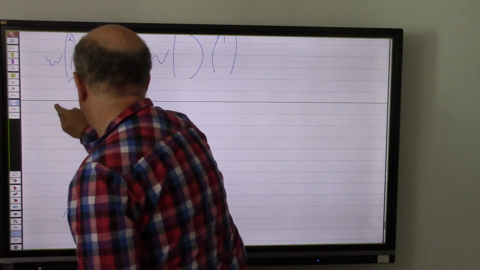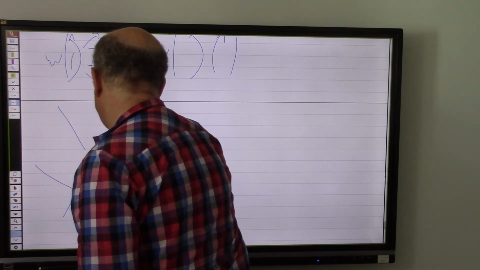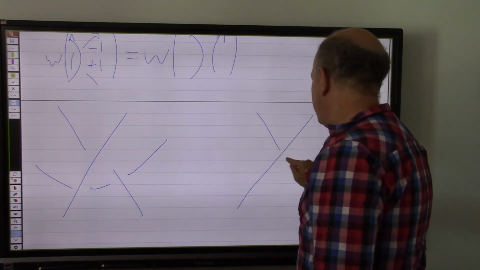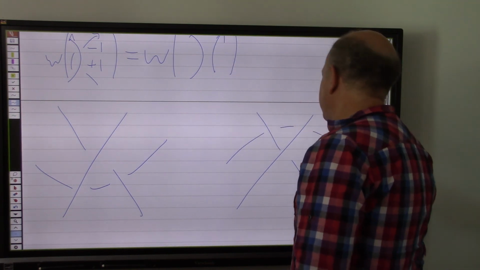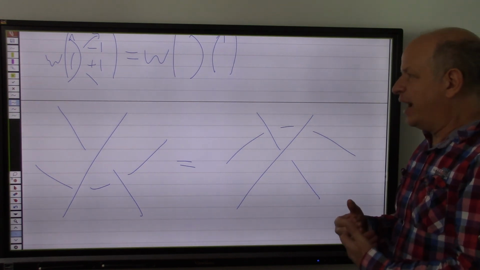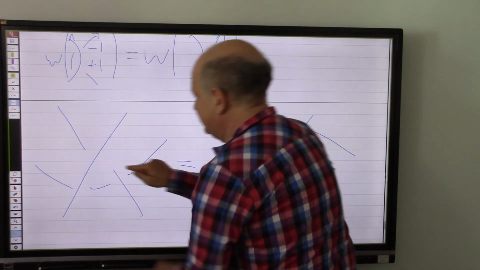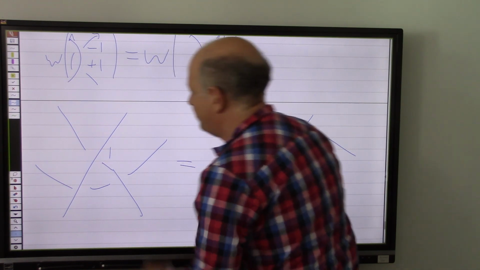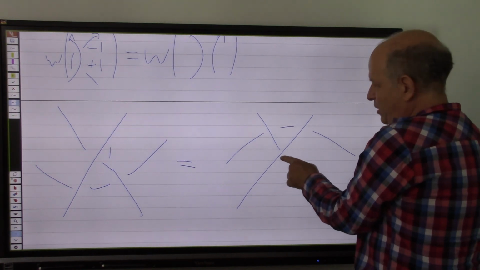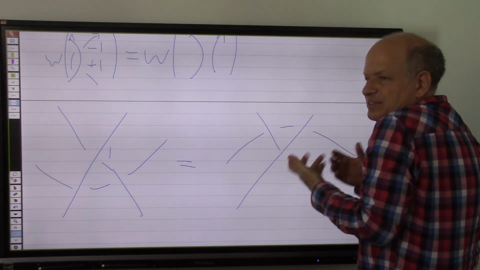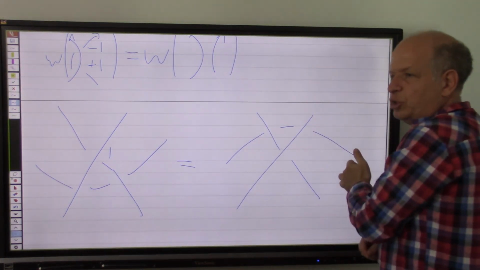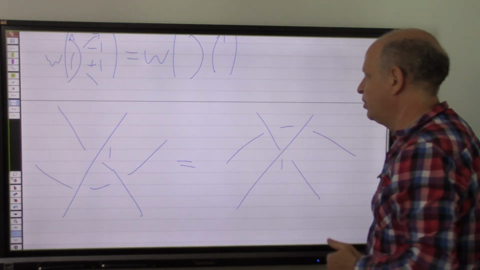So here is the left-hand side, and here is the right-hand side. And in fact, I don't even have to check what the writhes are, because crossing number 1 here is the same as crossing number 1 here. In fact, they're somehow literally the same. They don't even see the fact that the third strand has moved. Okay, so 1 is equal to 1.